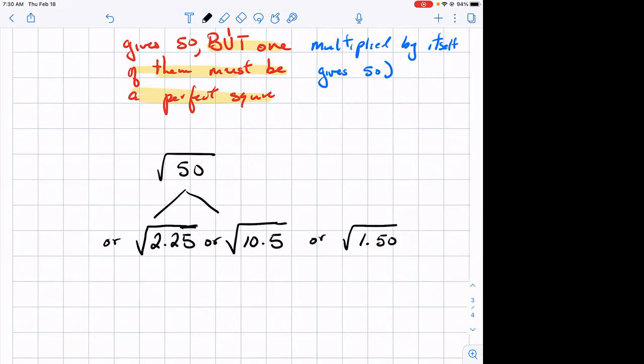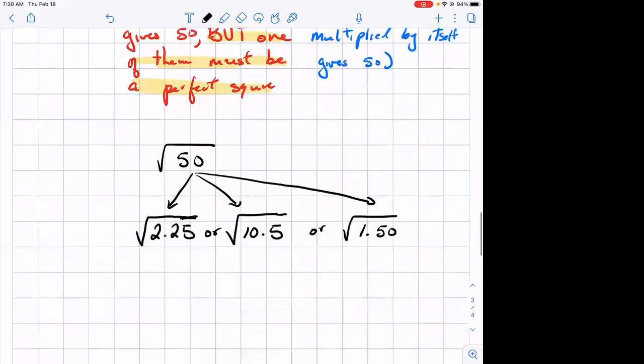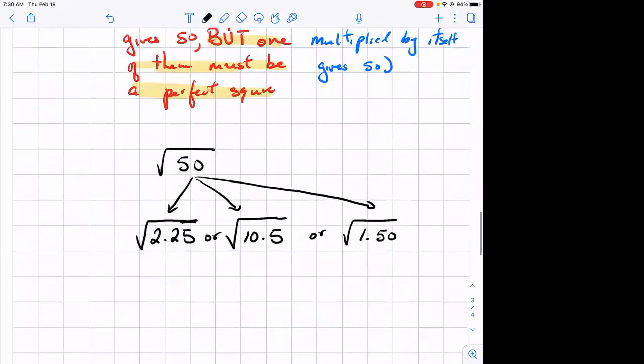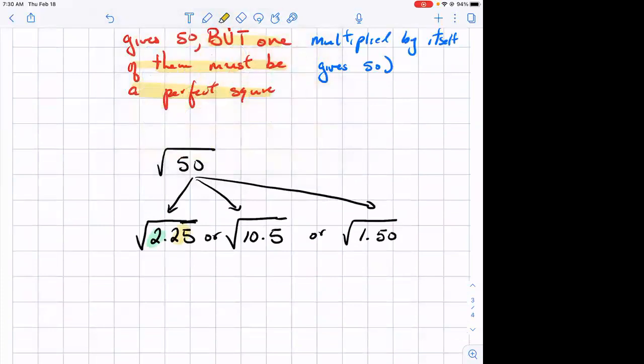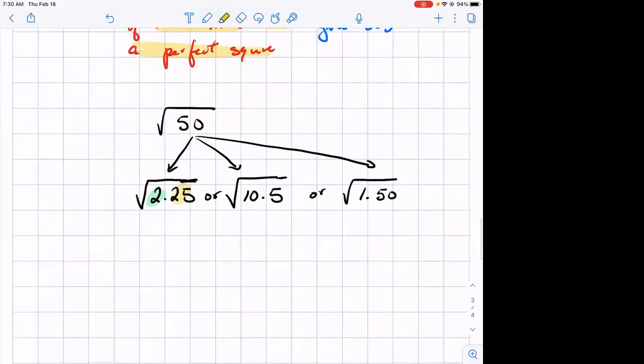Okay. So let's just look at the three of them that we have here. So one here, one here, one here. Now, as I said, one of the numbers here, either this number or this number here, must be a perfect square.